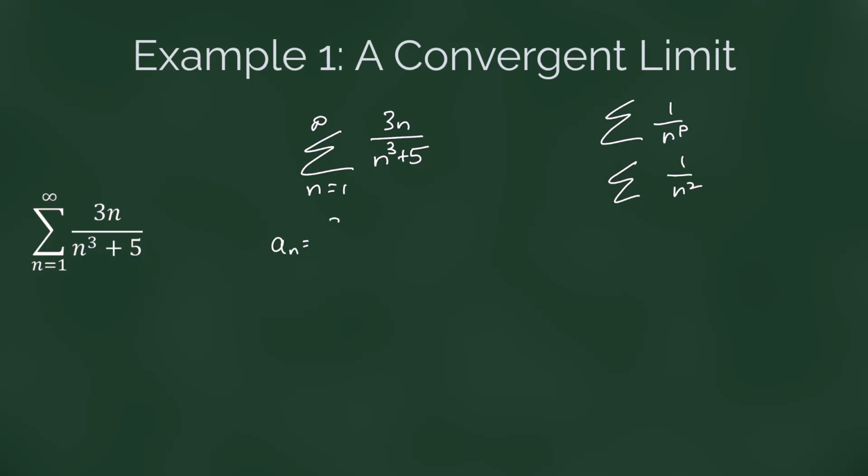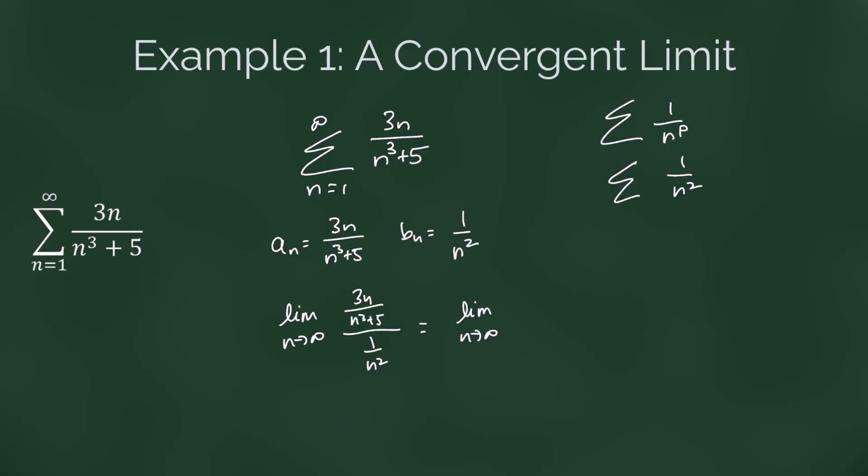So I'm going to let my a sub n term be 3n over n cubed plus 5. And I'm going to let b sub n equal 1 over n squared. And I'm going to look at now the limit as n approaches infinity of a sub n, 3n over n cubed plus 5, all over 1 over n squared.